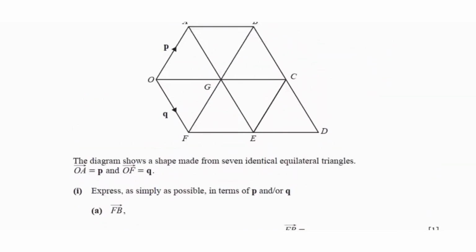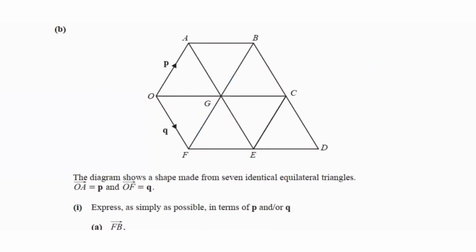Then it says FE. So FE is going to be this one. For FE, we can start with FG plus GE.